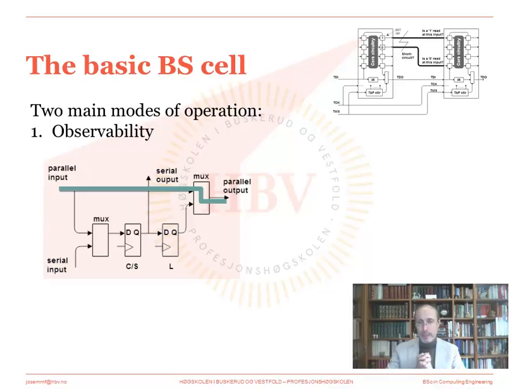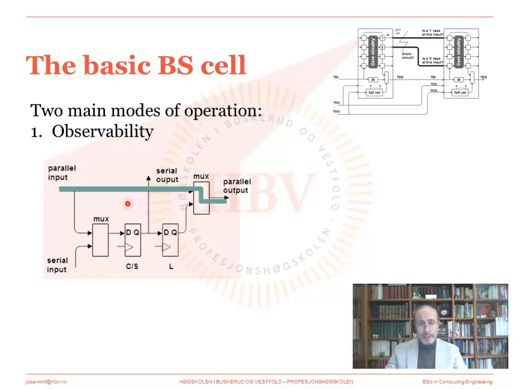normal circuit operation. So in this slide, what you see is a representation of the basic circuitry that is located inside each of these cells. And you can see here that the basic circuitry comprises nothing more than two small multiplexers and two small memory elements, flip-flops or latches.